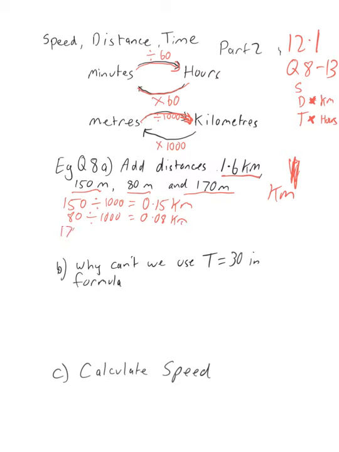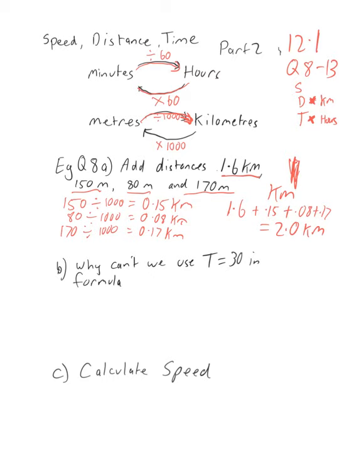And 170 metres divided by 1,000 equals 0.17 kilometres. Now to get the total distance, we add up the 1.6 plus 0.15 plus 0.08 plus 0.17, and that comes to exactly 2 kilometres.